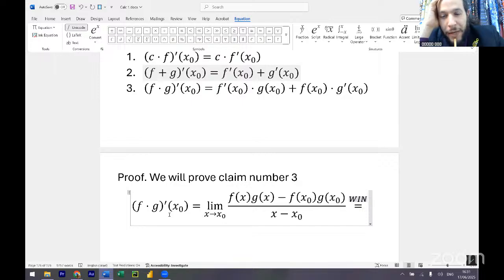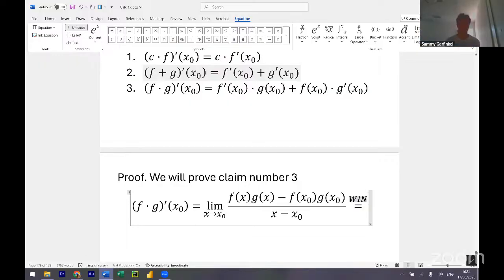Can anyone remember what we would prefer here? What would make this algebraically nice? The conjugate? No, it will be squared. That's horrible, because I don't know what to do with f squared. It'd be worse than what I have.